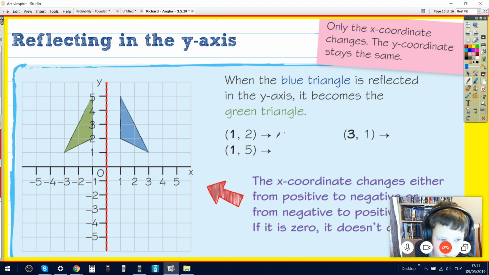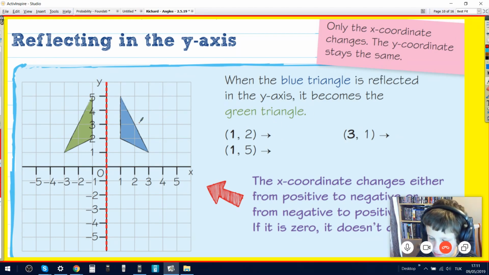Okay, reflection. So reflection is in the mirror line. This one is reflected in the y-axis. Okay. So let's say the point 1, 2. Where is that after the reflection? The point 1, 2. Wait, what?